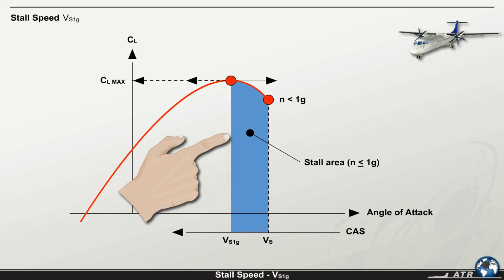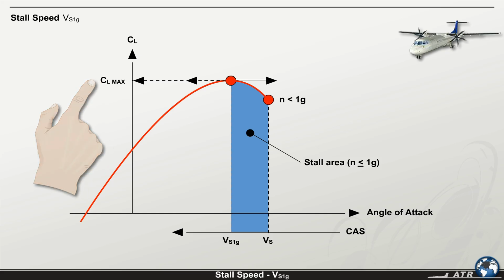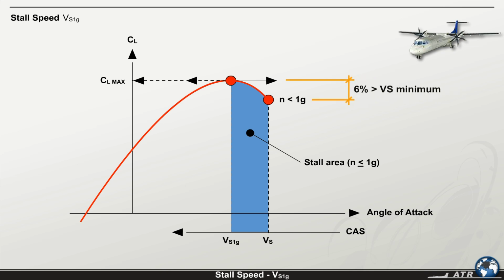VS1G corresponds to the maximum lift coefficient, just before the lift starts decreasing. This speed is typically 6% greater than the VS minimum. In October 2000, JAR 25 introduced the notion of reference stall speed, VSR, which is the same as VS1G. At this moment, the load factor is equal to 1.